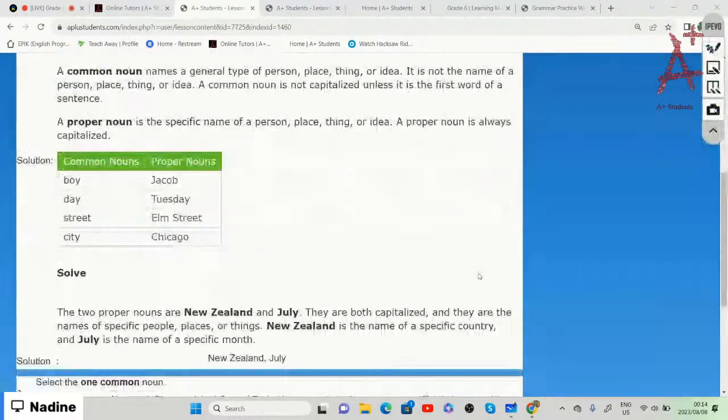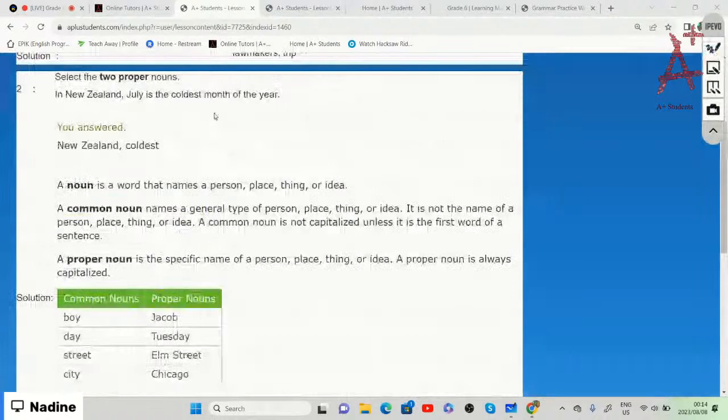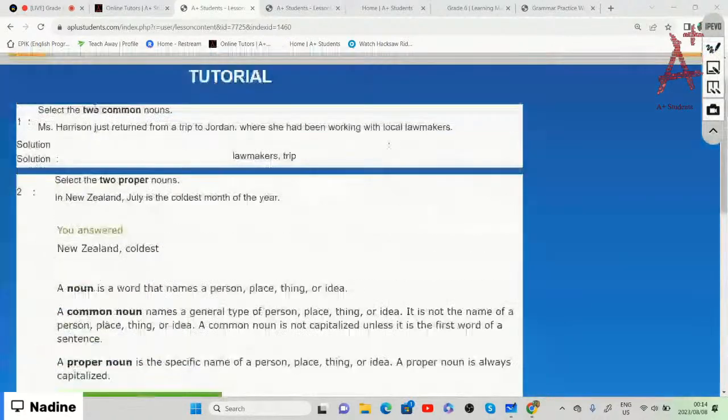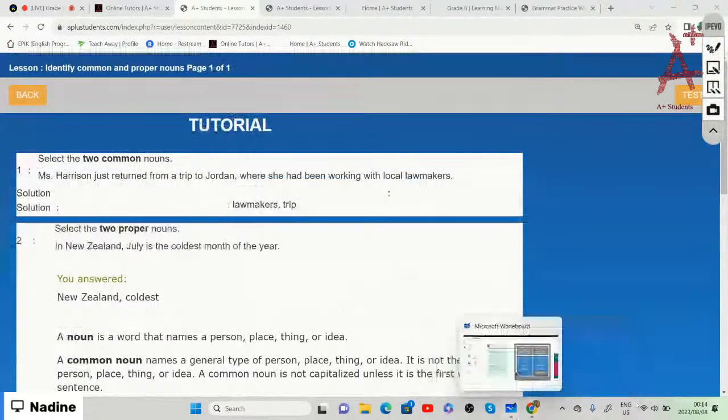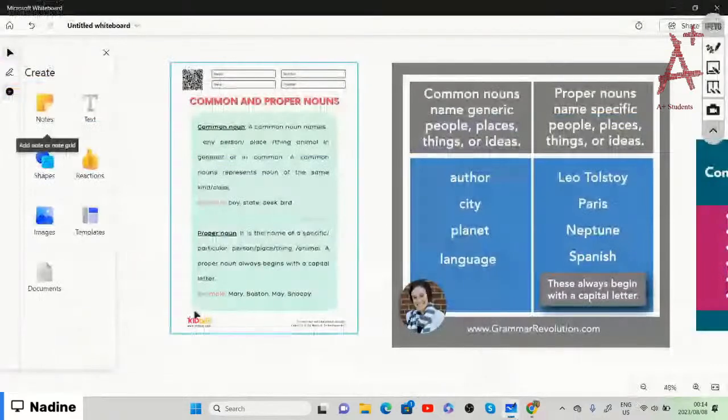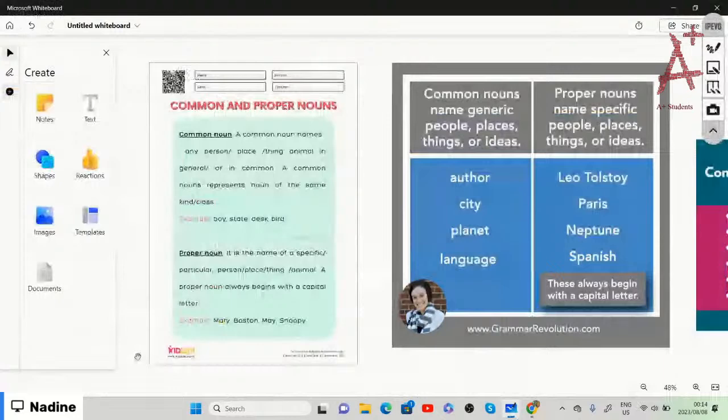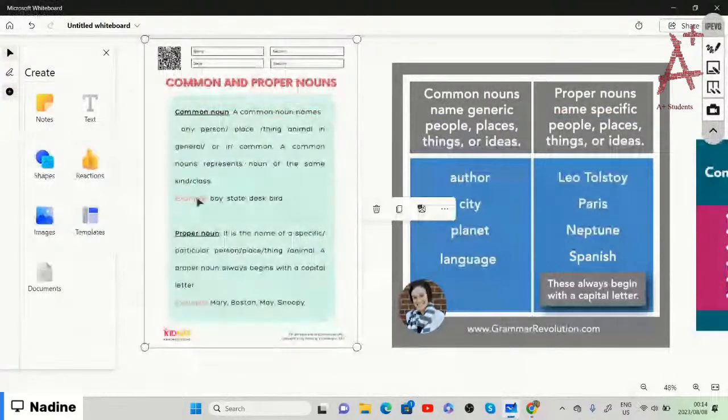All right. Okay, so before we go to our questions, let us quickly go to a whiteboard. So once again, here we mention the common and proper nouns. And we said a common noun names any person, place, thing, or animal in general, like we would say in common.